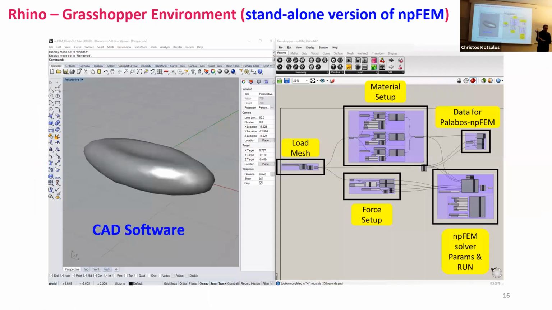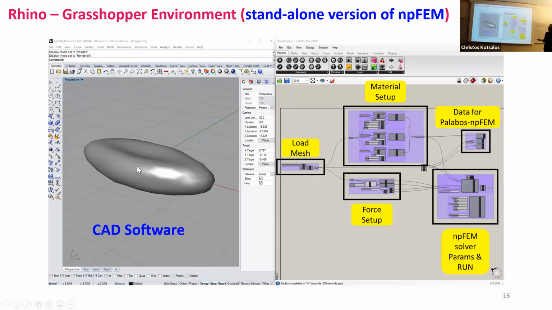I would like also to show you this graphical user interface that I have developed, which means that I can use the NPFM solver as a standalone version. For this, I used Rhino and Grasshopper. Rhino is this window over here. It's computer-aided design software. And Grasshopper, which is this window over here, is essentially a plugin to Rhino. Through this graphical user interface, we can load any kind of mesh, set up the material, set up the forces, and then run the NPFM solver.